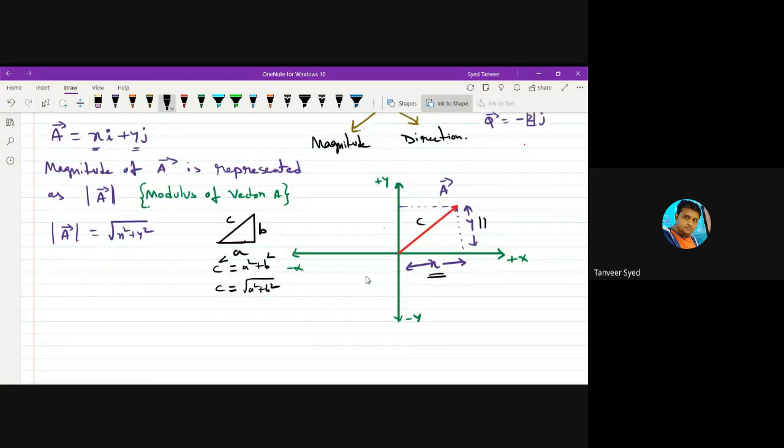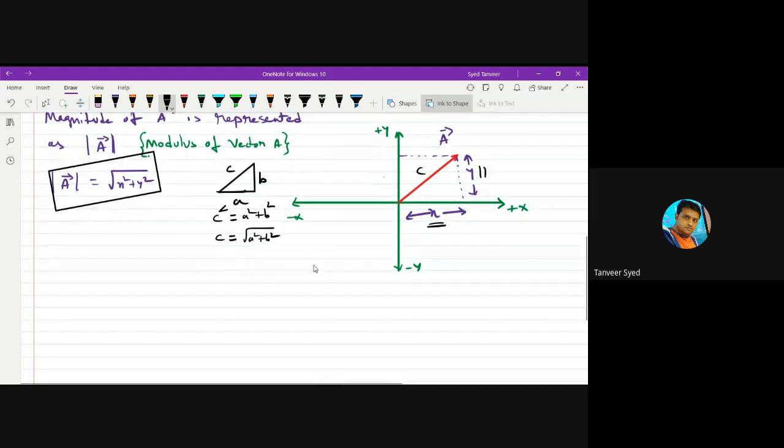So if you see a vector like vector A equal to xi plus yj, and you are asked to tell its magnitude, then this must be your answer. If the vector is xi plus yj, the magnitude is root of x square plus y square. The magnitude of any vector is found the same way.